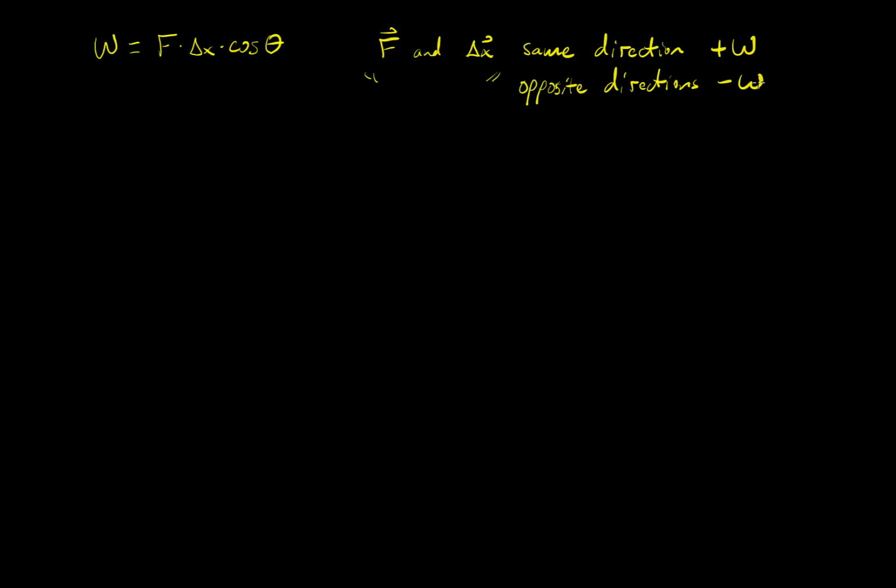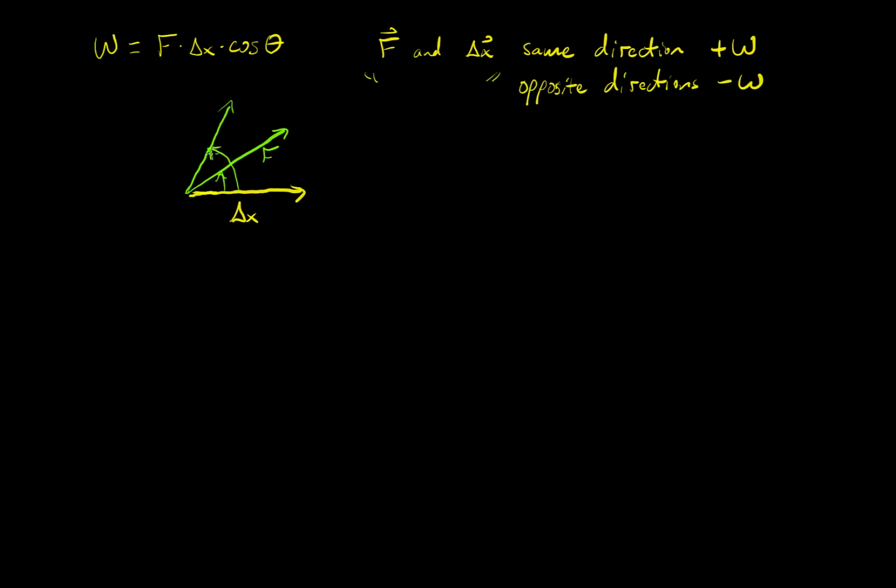And then there's a couple other things. Say I have a displacement vector like this. That's our displacement. So if the force is like this, since it's pointed in the same general direction, that's going to be positive work. So it doesn't have to be exactly in the same direction. And as we increase the angle, going from theta 1 to theta 2, I'm going to have less x component.